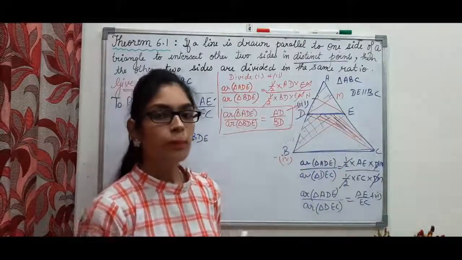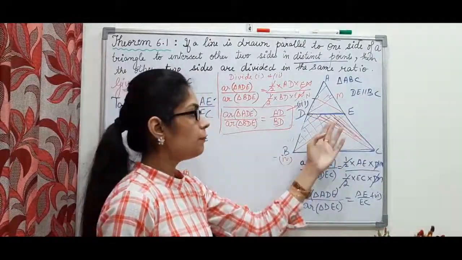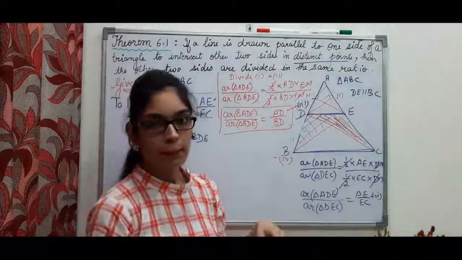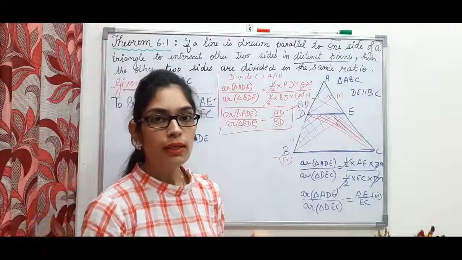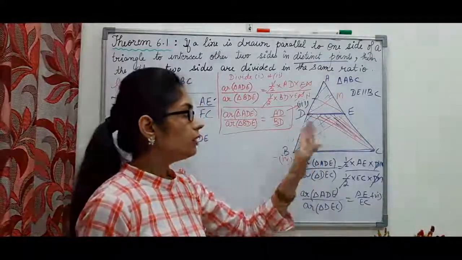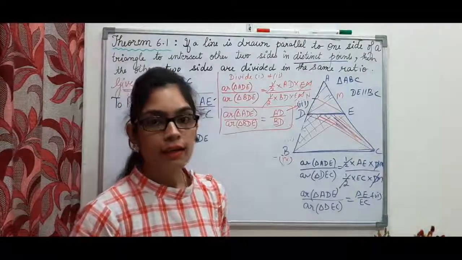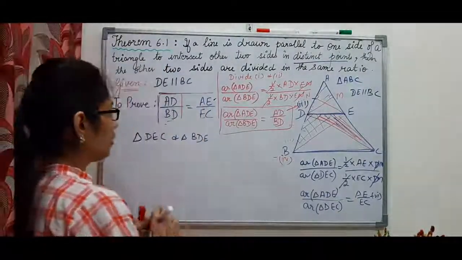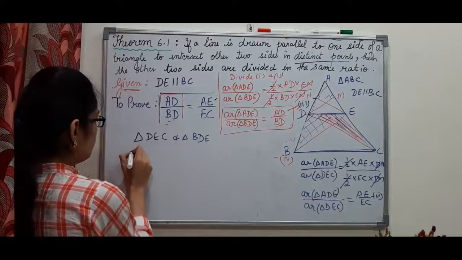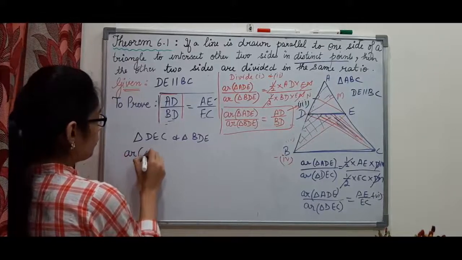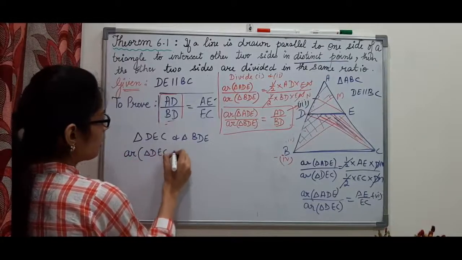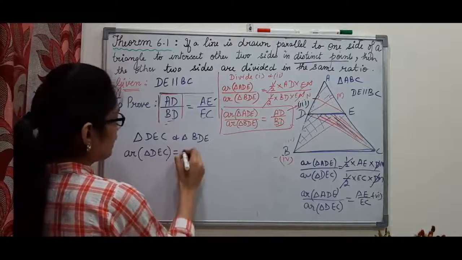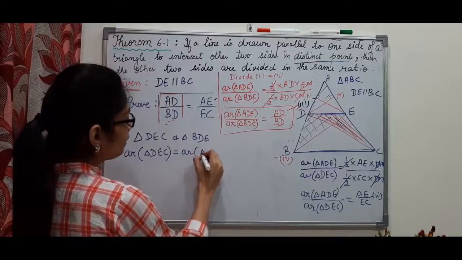So triangles between same parallels and having same base are equal in area. This is a theorem which we have already done in 9th class. So I will write down here, area of triangle DEC is equals to area of triangle BDE.